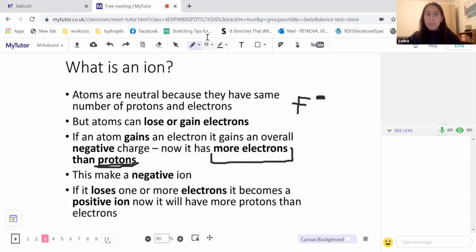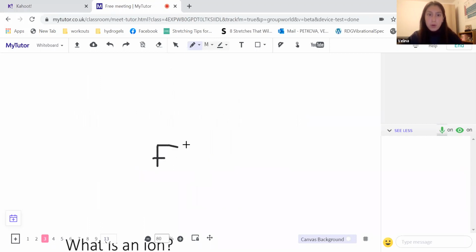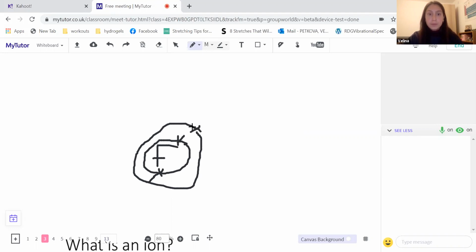If we draw out the fluorine atom's electronic structure, like we saw yesterday, there we go: 7 electrons in the outer shell, and it's going to gain an additional electron.